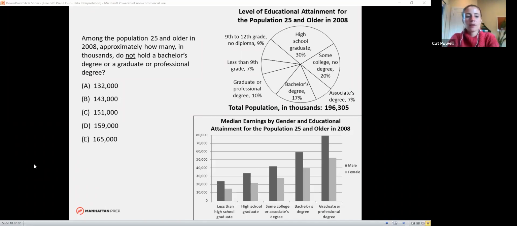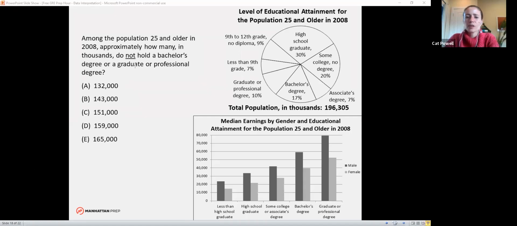Did people use a calculator here? Maria says no. What about everyone else? Tiffany did. Yeah, I think this one is a little less clear cut.